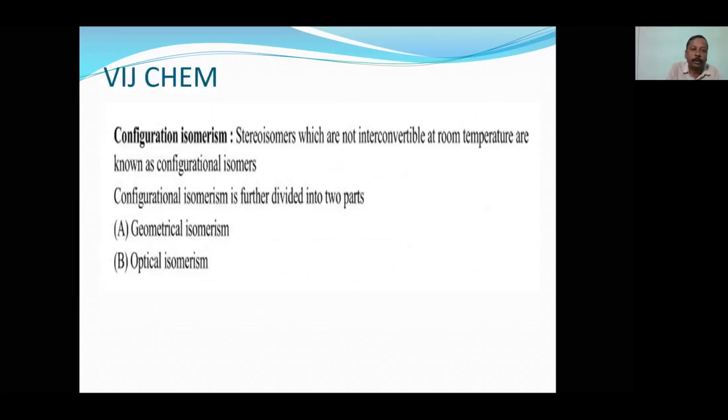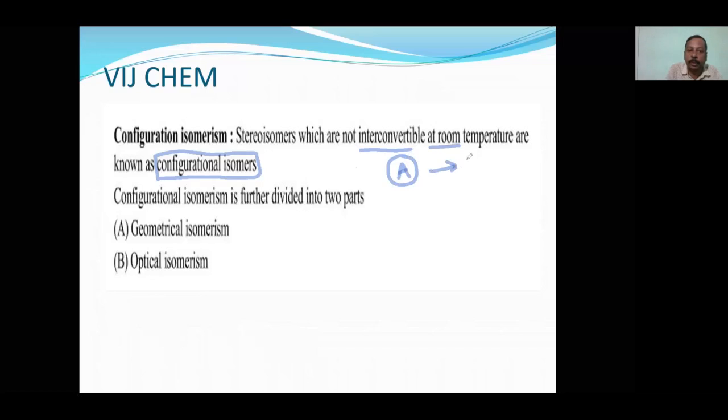In configurational isomerism, the stereoisomers are not interconvertible at room temperature. Okay. So once they are formed, we cannot change from one isomer to another isomer. Once we say this is isomer A, it will remain as A at room temperature.